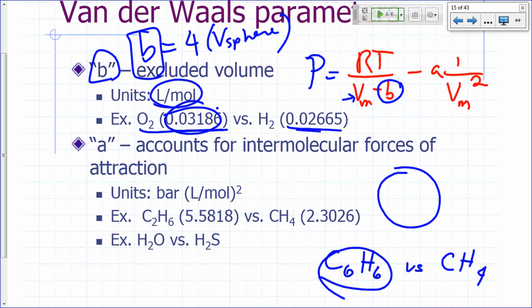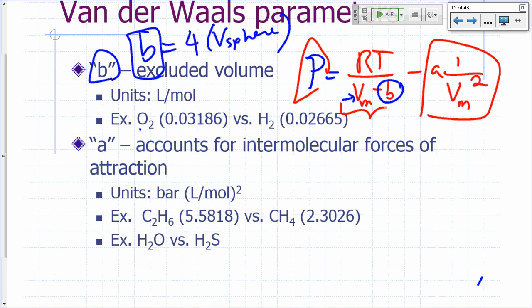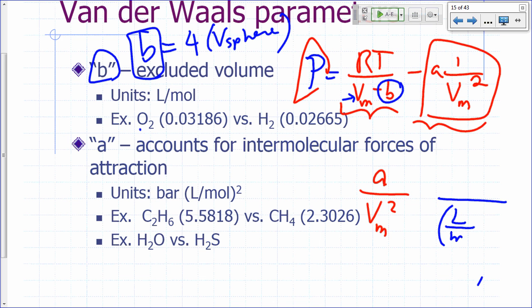Now, what about the van der Waals parameter A? What's the unit for that? A times 1 over Vm squared must have a unit of pressure, because pressure is equal to this minus that. So A over molar volume squared must have units of pressure. What's the unit for molar volume? Liters per mole. So you square that.